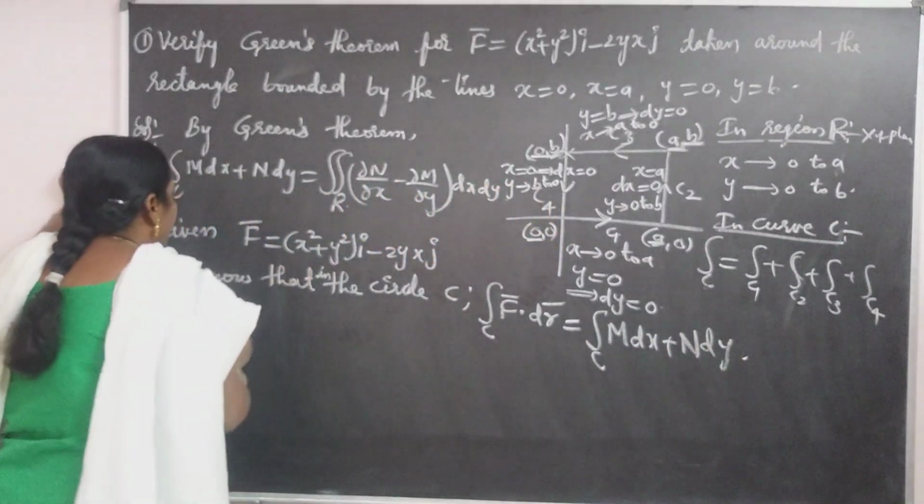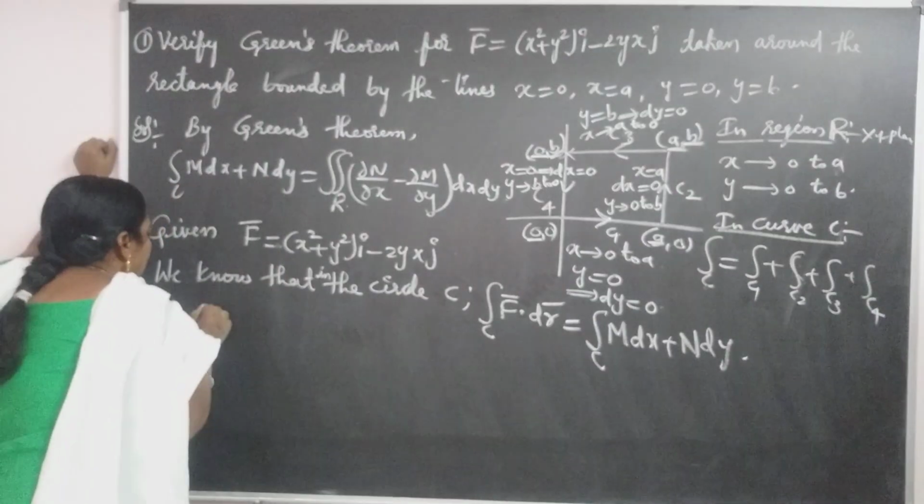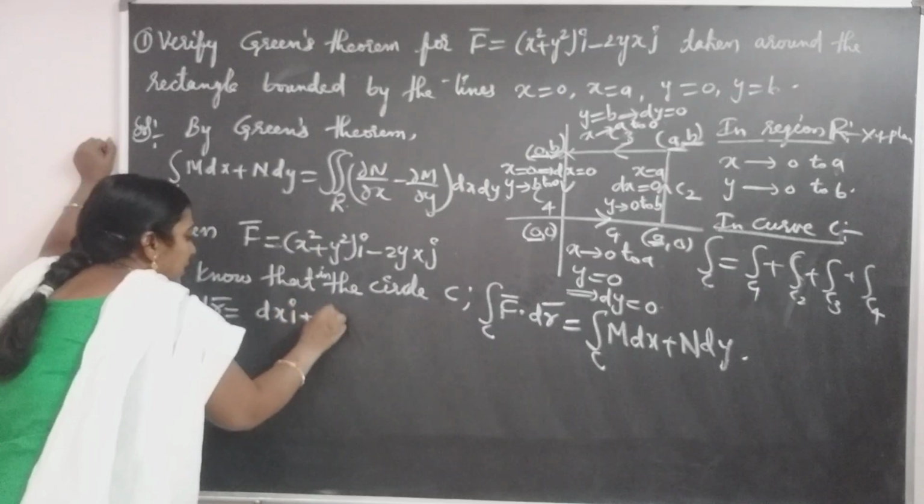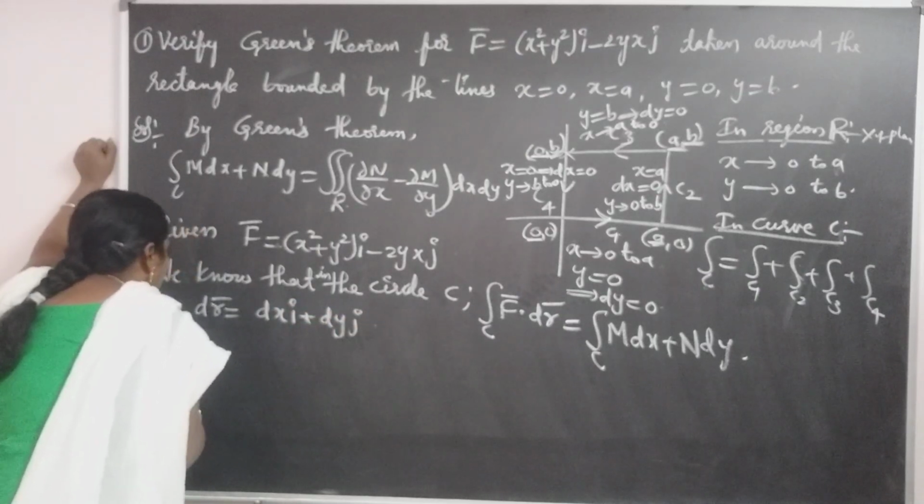Here dr bar is the derivative of the position vector, that is dx i plus dy j.